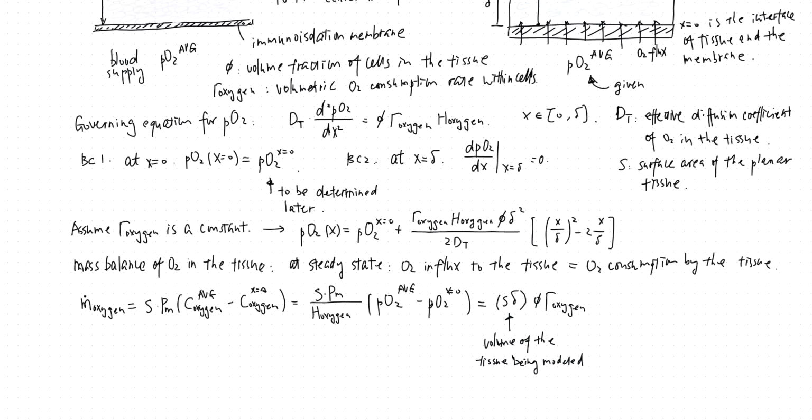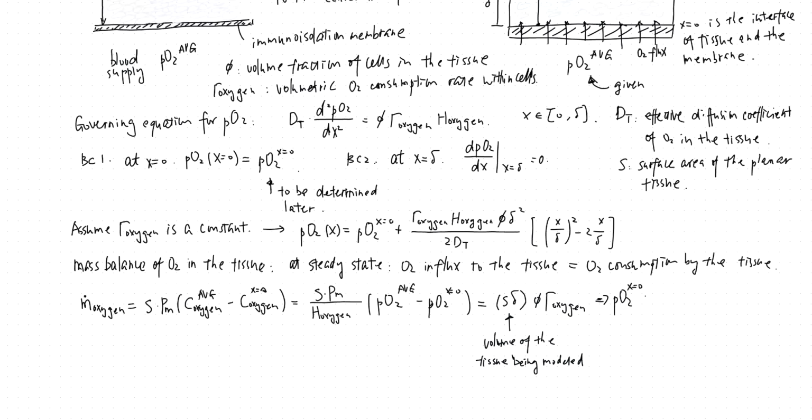So this is an equation. You can just focus on the last two. This equation has like three equal signs, and you can just look at the last equal sign, and from this you can solve for PO2 at x equal to 0. So here you can solve for PO2 at x equal to 0.